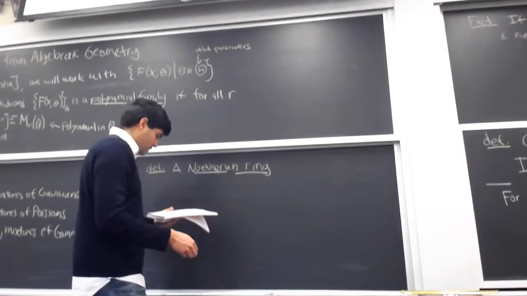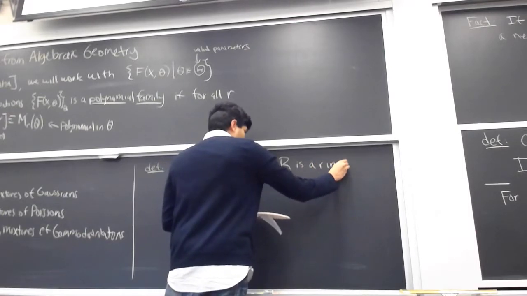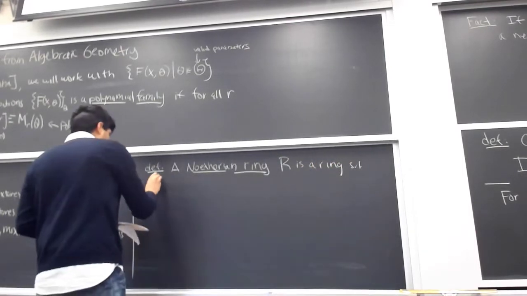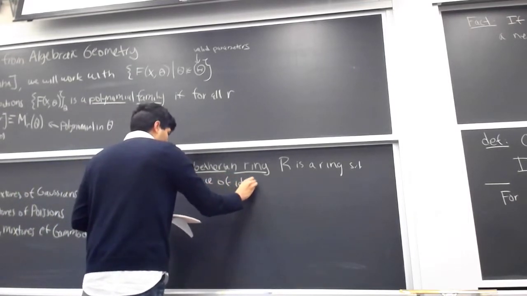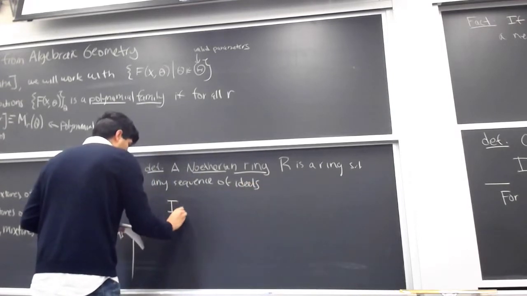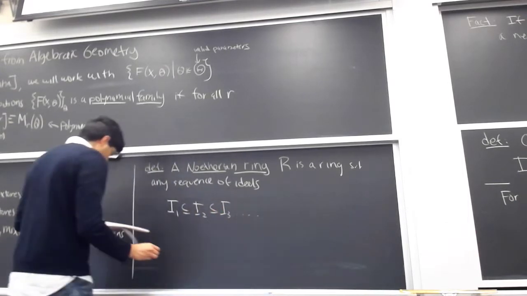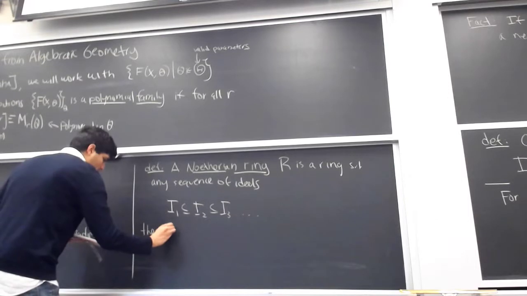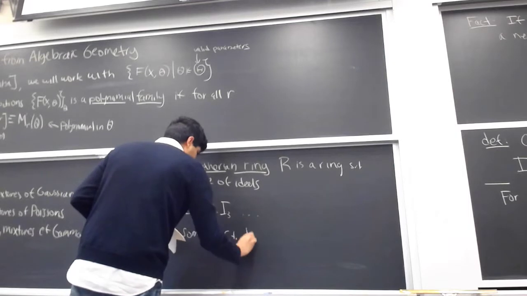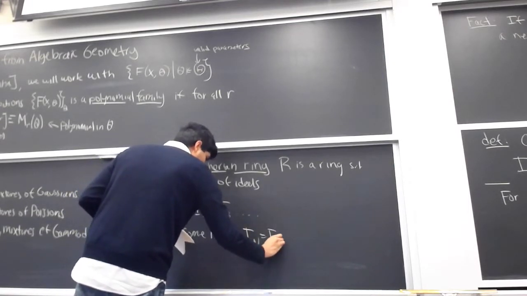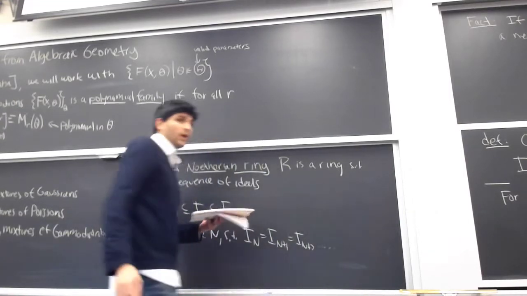A Noetherian ring R is a ring such that for any sequence of ideals I1 is contained in I2, is contained in I3, and so on, there is some n such that In equals In+1 equals In+2, and so on.